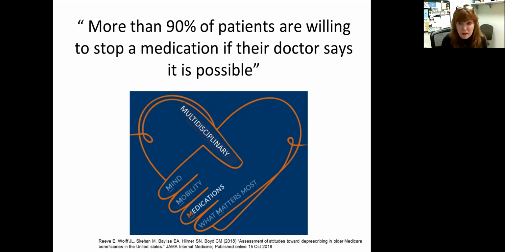And this quote I really like, because I love empowering our patients, because I think that is the most successful way for things to move in the direction we would like. More than 90% of our patients are willing to stop a medication if their doctor says it's possible.